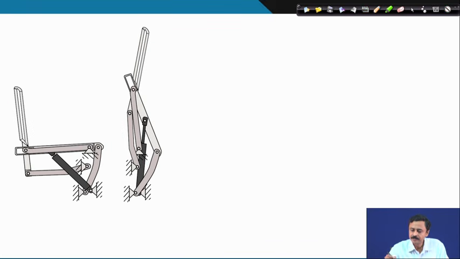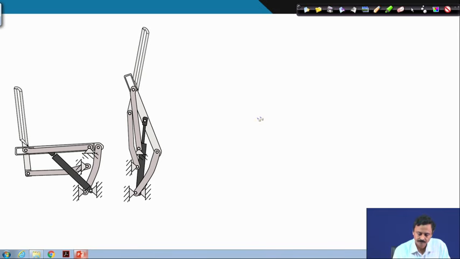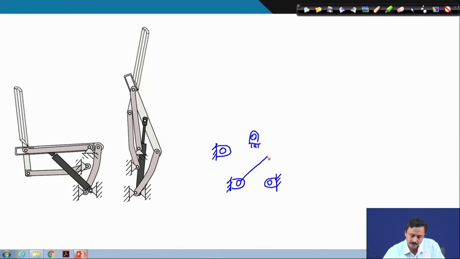This is the transfer aid. There are 4 ground hinges. Here we have 1 link. This is the actuator.